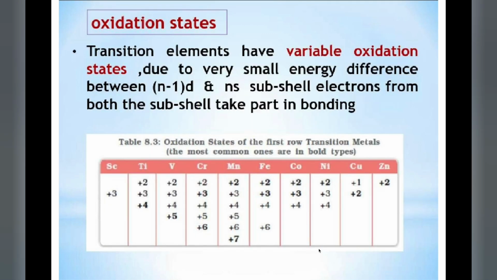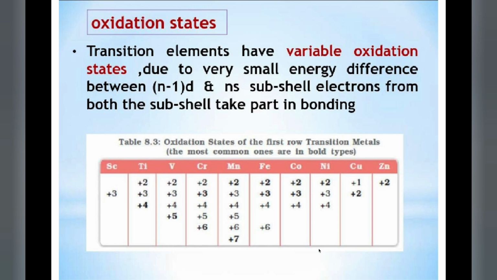So what are the oxidation states of transition elements? They always show variable oxidation states. Why? What is the reason? Because of the small energy difference between the (n-1)d, the penultimate d subshell, and the ns subshell, electrons from both subshells take part in bonding. You can see the different oxidation states.